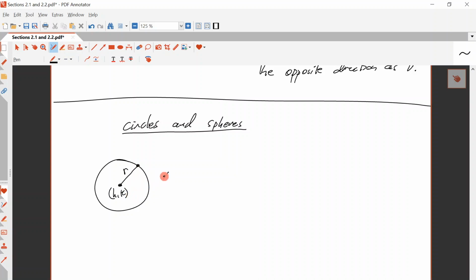So that's all points whose x and y coordinates satisfy: the difference of x and h, squared, plus the difference of y and k, squared, must be equal to the radius squared. Right? We've seen this before.